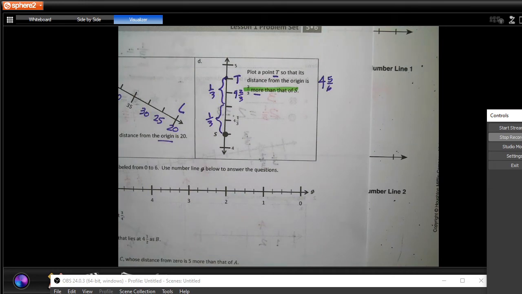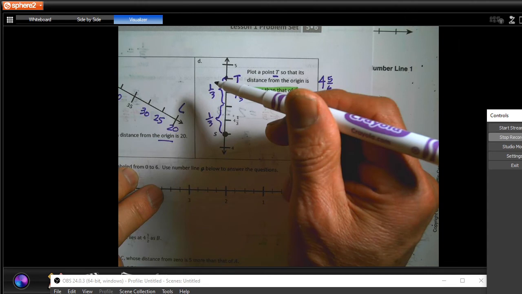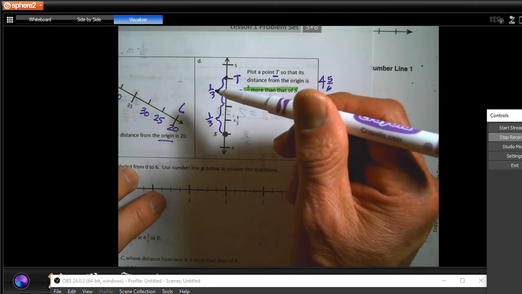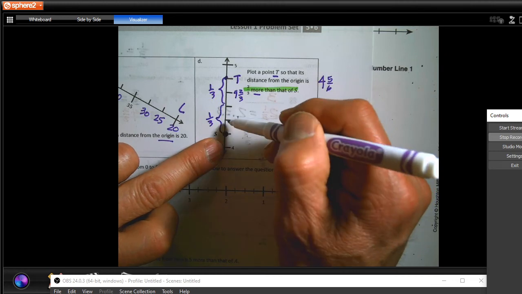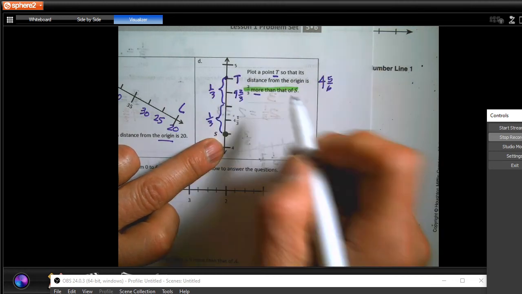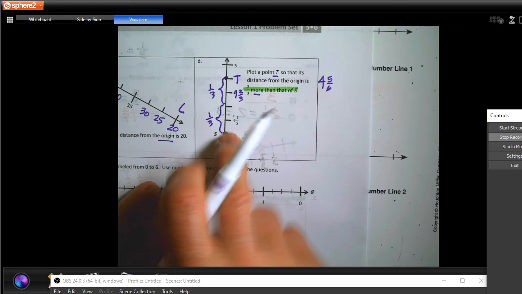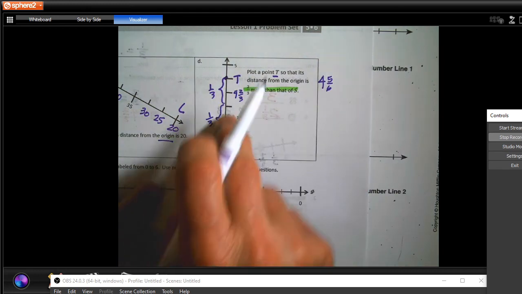Okay. All right. So how many ticks will be away from this one? It will be 1, 2, 3, 4. So that's how many ticks T will be from S. 4 ticks away. All right, let's look at the next one.